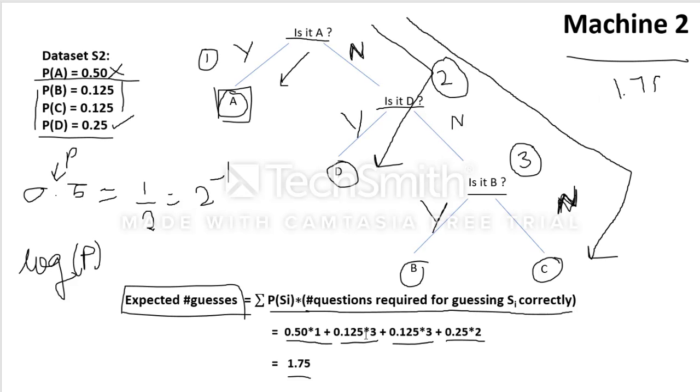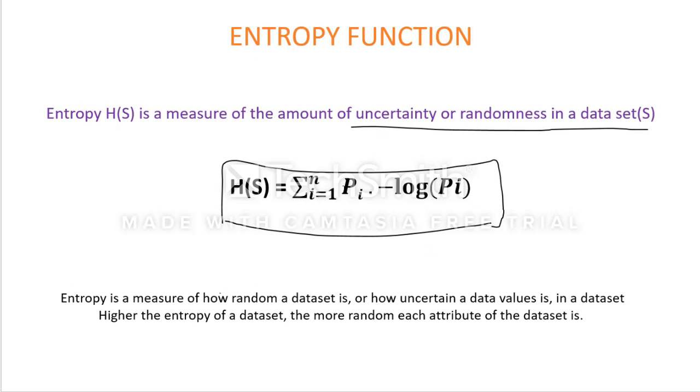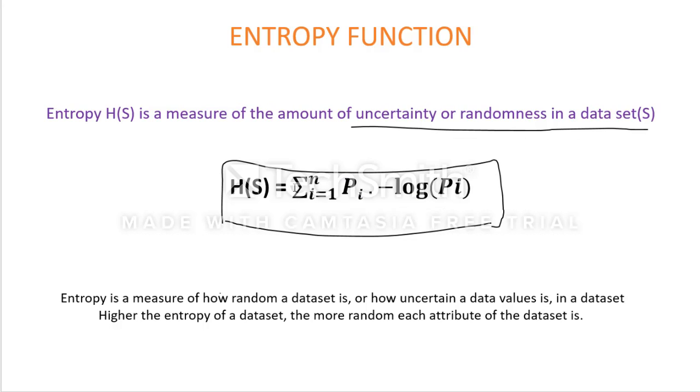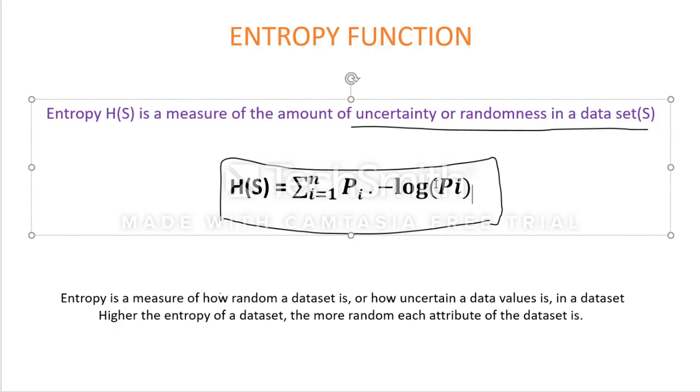That was the number of questions we needed to answer whether it was B or not. So the number of guesses required is the negative logarithm of the probability. Where did we see this? We saw this here. Probability of occurrence of the ith attribute times the negative logarithm of the probability of the ith attribute. The summation of all would give us the entropy of the data set.